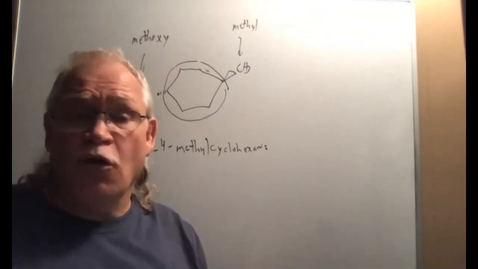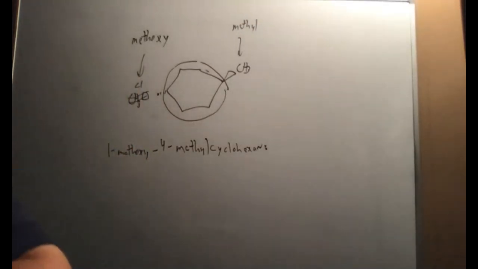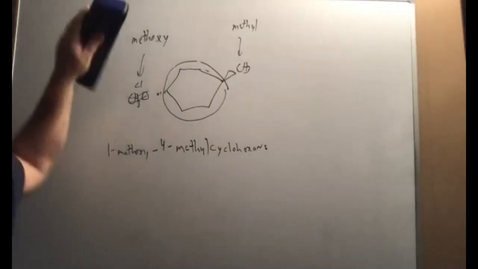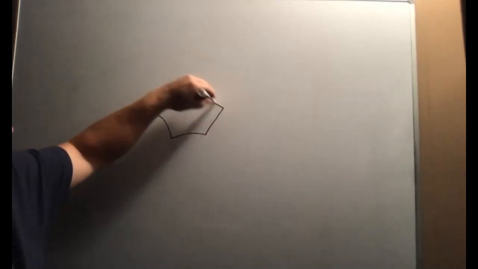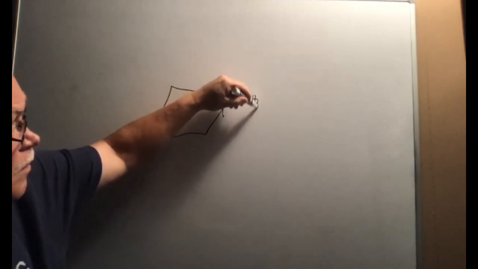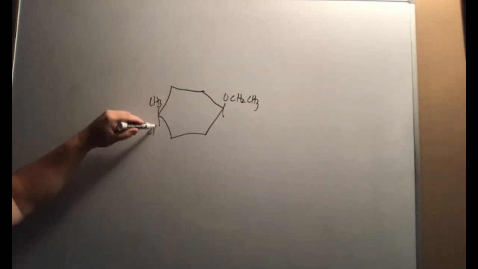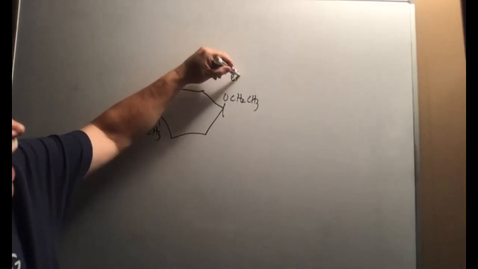Okay? And then you're going to use exactly the same rules. Now, again, don't look at the next one on the notes, but let's see how you would name the next one. Now, notice this is called the ethoxy group.